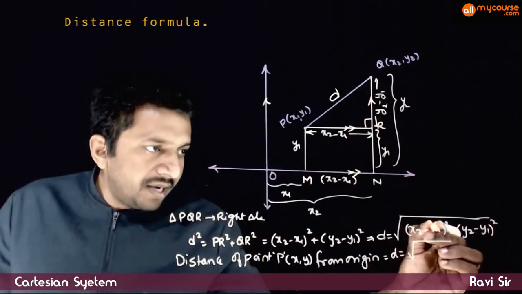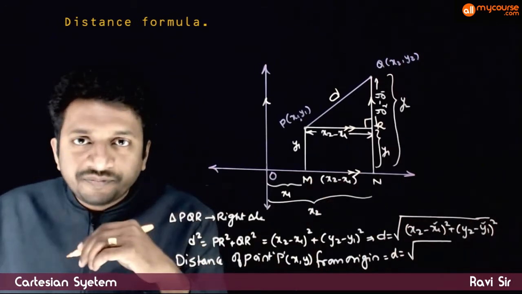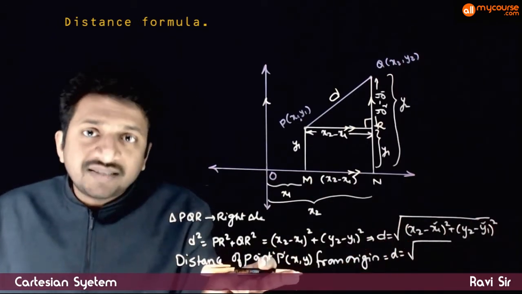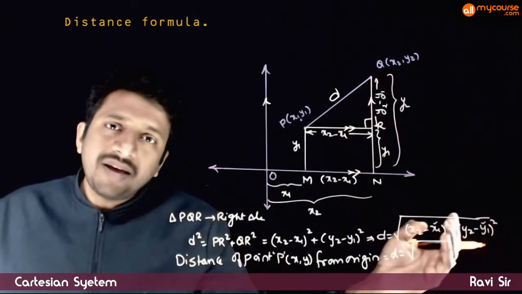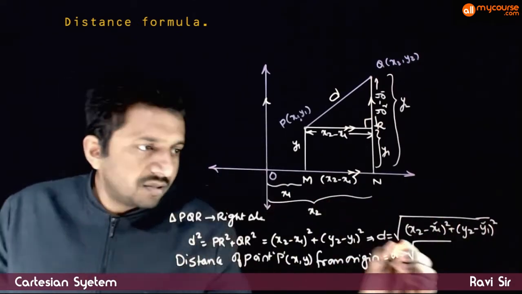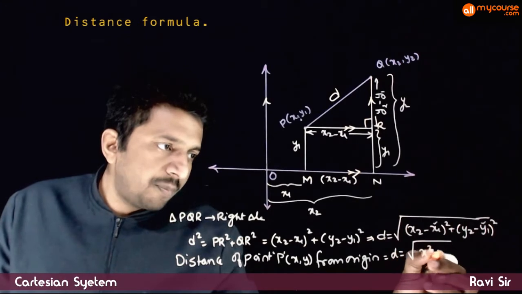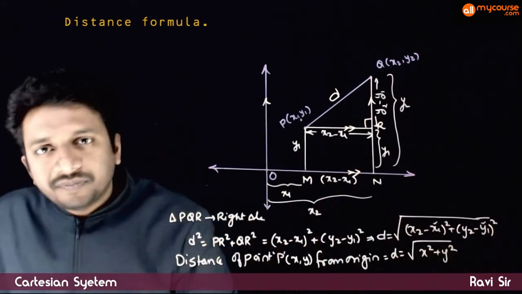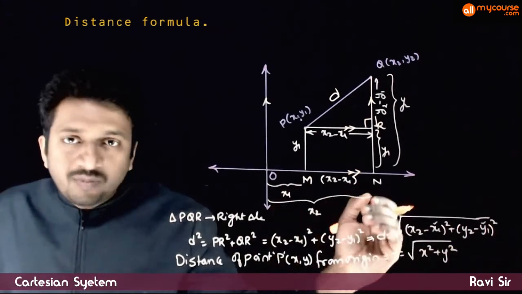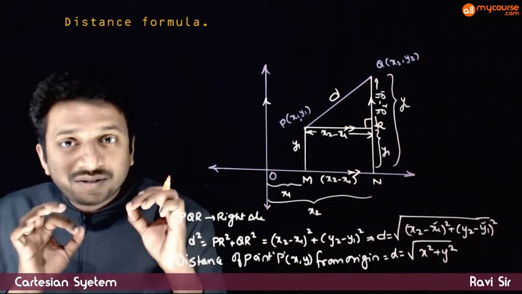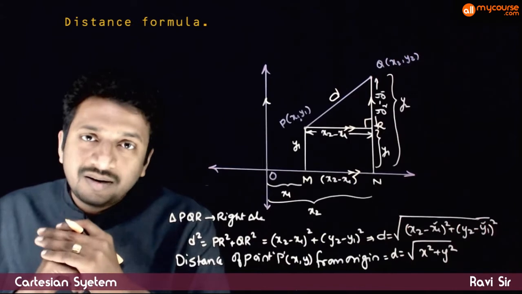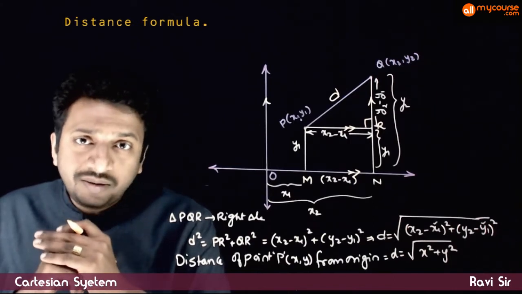The other coordinate we have set as x comma y. So x minus 0, which is x, y minus 0, which is y. So square root of x square plus y square. So these are the two formulas which you need to remember. If you have two different points, root of x2 minus x1 whole square plus y2 minus y1 whole square.